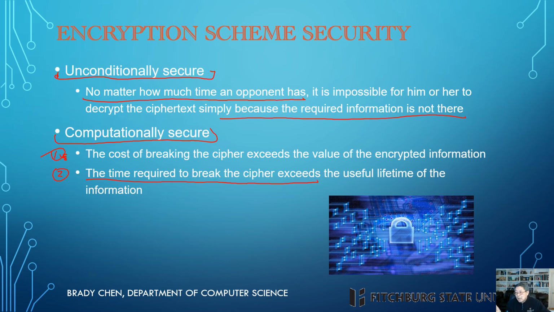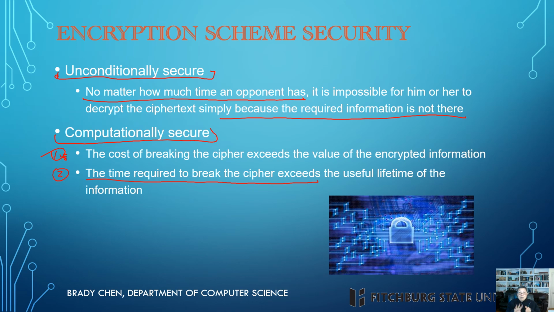For example, if a person wants to attack your bank account, or crack your information, this guy spent a lot of time working on the encryption algorithm and eventually cracked the account, and he or she got $10,000.